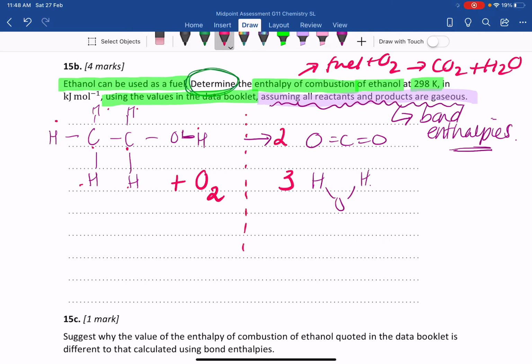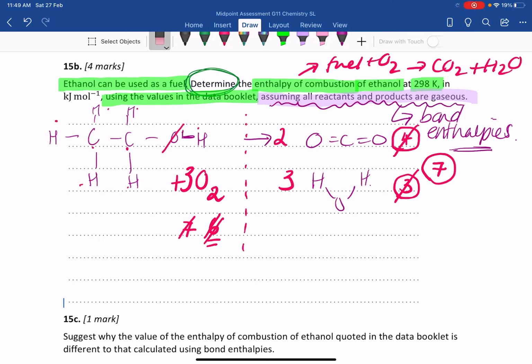That gives 3 oxygens here plus 4 oxygens here, so 7 oxygens in total. I already have 1 oxygen in the ethanol, so 6 oxygens are left to account for. So 3 O2s would give me those 6 oxygens. Tidy that up a bit.